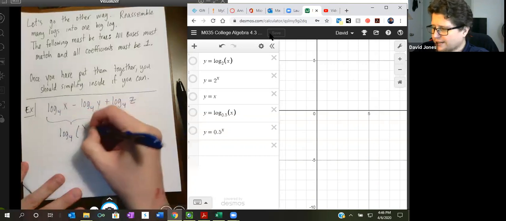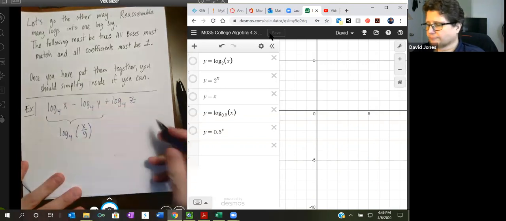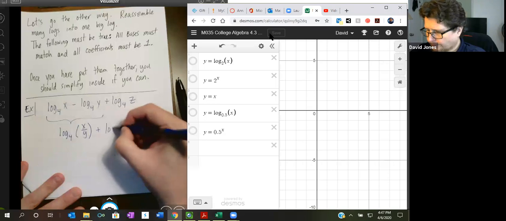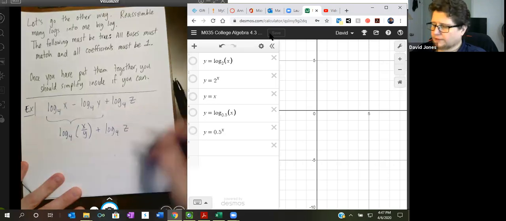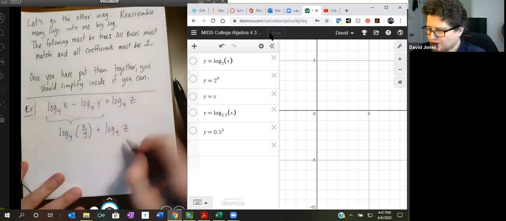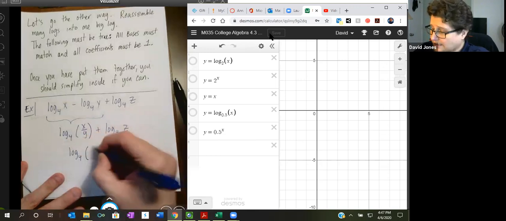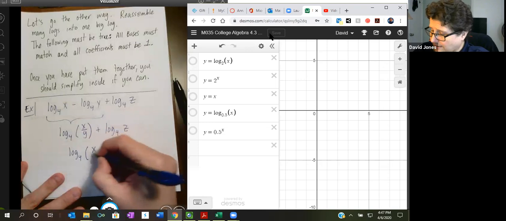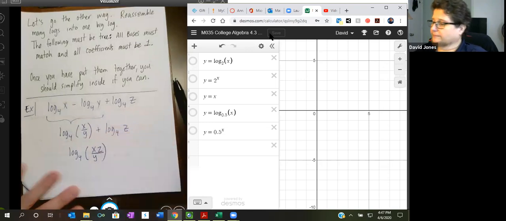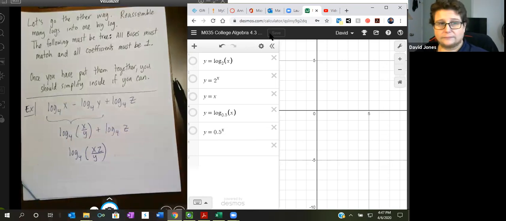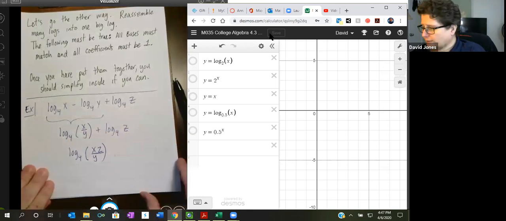Subtraction turned into division on the inside. And then addition on the outside turned into multiplication on the inside. X over y times z, I can put the z on top. Let's look at some more.